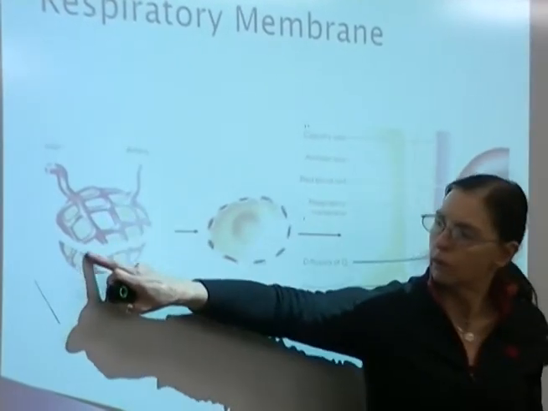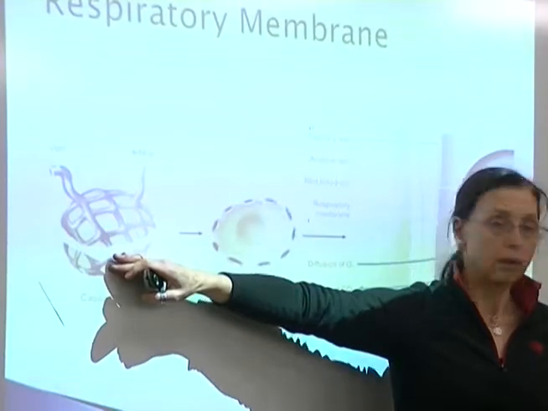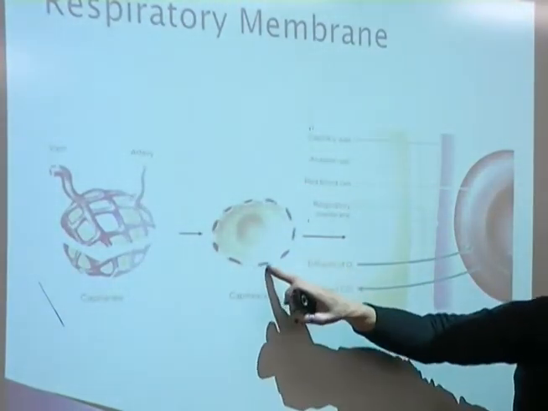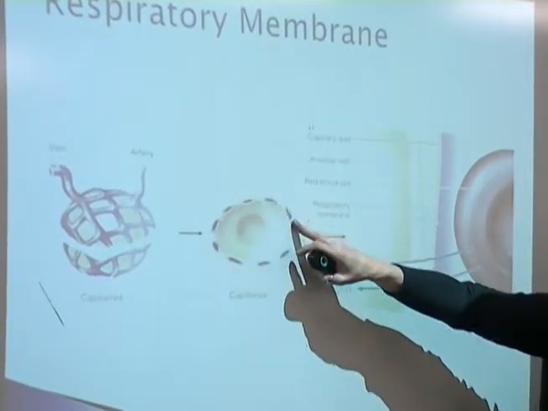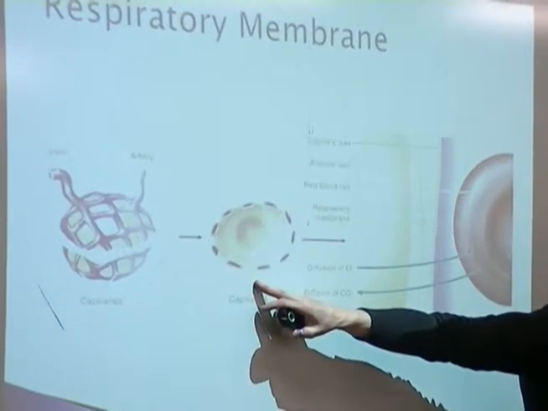Alveolus, all right? One of 300 million. If I slice that through and look at the slice, this is why they're so useful, because the entire surface of the capillary is surrounded by blood vessels.